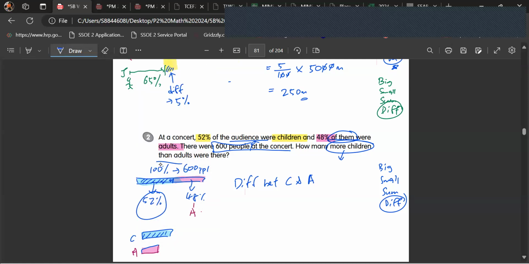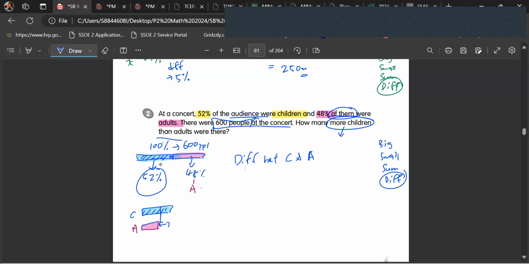So you're asking for the difference, which is this part. How many more children than adults? The longer one is children, so you're looking for children minus adult.